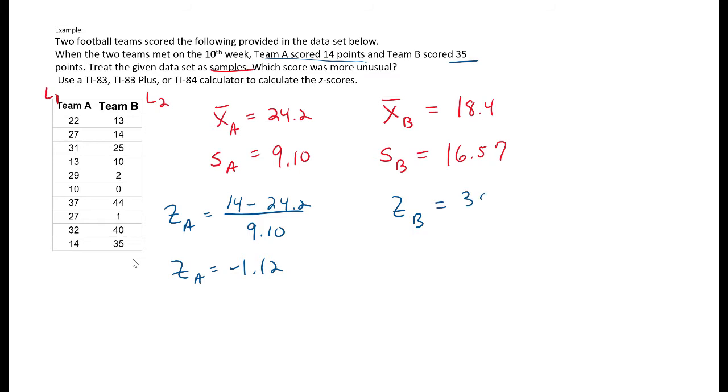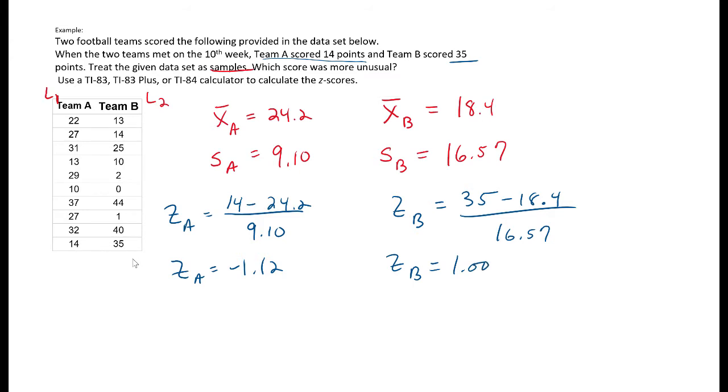So we're going to take 35, subtract away the mean of 18.4, divide that by the standard deviation of 16.57. Okay, if you're at home, please double check my calculations here. I got a z-score of a positive 1.00.